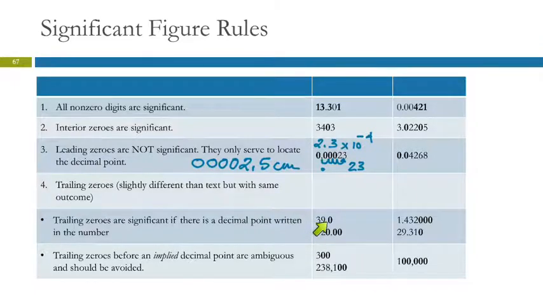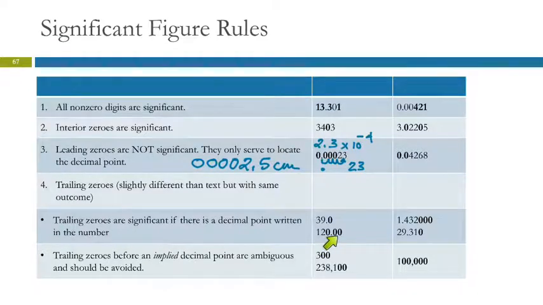So here, 39.0. Do we need the 0 there to hold a decimal place? No, if we took that 0 off, it would still be 39, right? We're writing that 0 because it's measured. It happens to be the estimated digit here, but the decimal point tells us we count that 0.